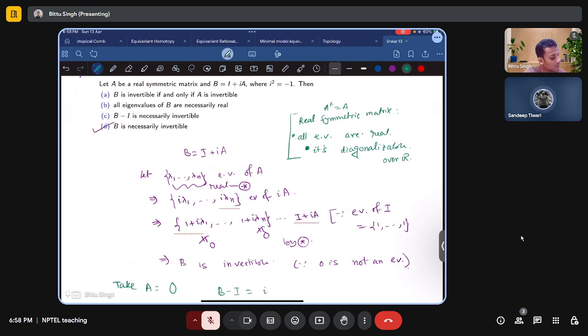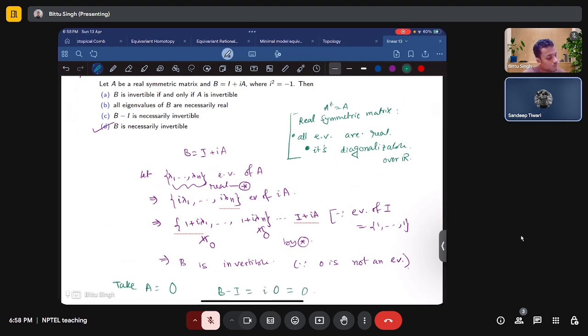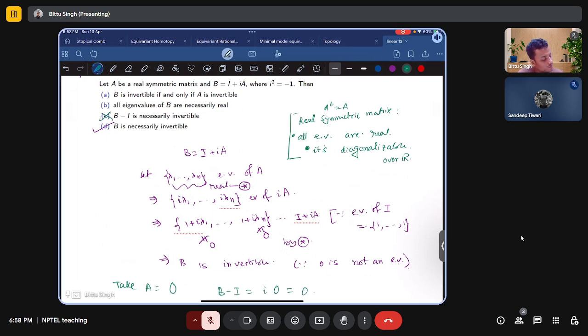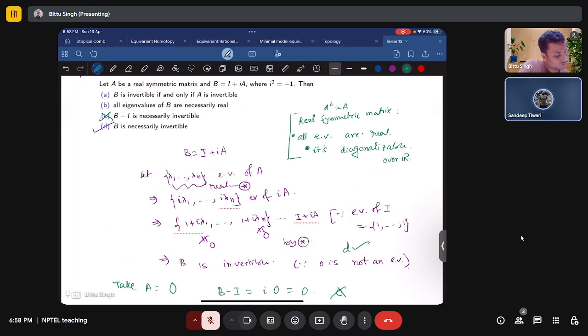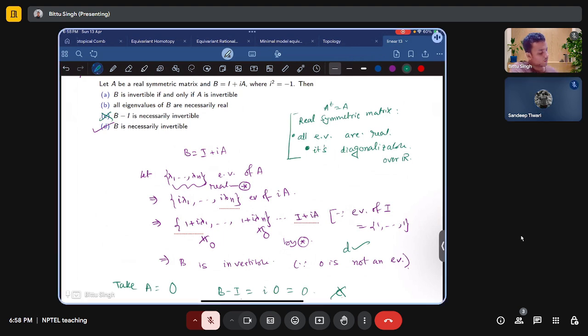B minus I is 0 times I, so B minus I may not be invertible. So C is wrong. So B is correct, C is wrong. Now what about A? It is already clear that B is always invertible, but A may not be invertible, so A must be wrong.